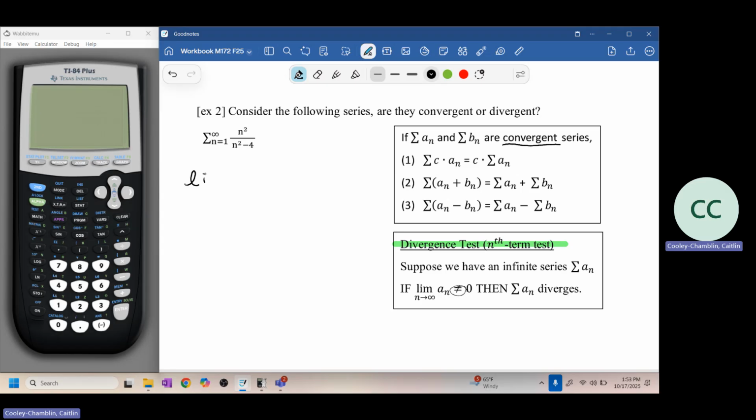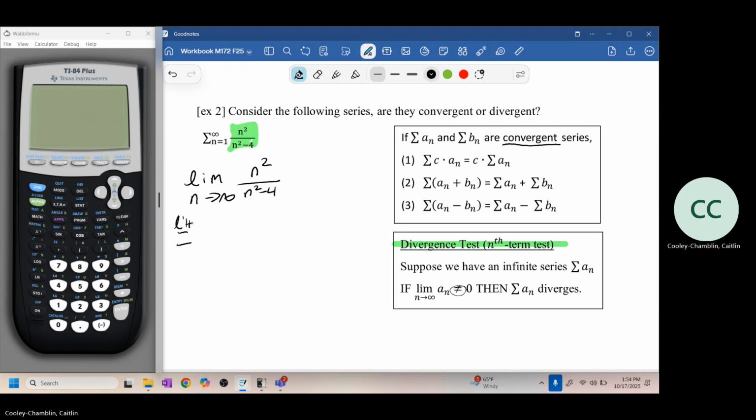If we take the limit as n goes to infinity, and we're just going to look at this series here, n squared over n squared minus 4. Right now, if I plug infinity in, what I get is infinity over infinity, which does not help. So we are going to use L'Hopital's.